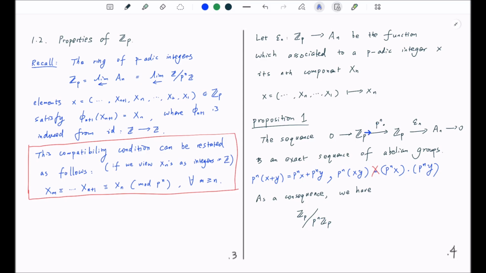The image here is the kernel of epsilon sub n. So this quotient will be isomorphic to the image of epsilon sub n, which is A_n. And A_n is Z mod p^n Z. So this exact sequence will give us the following identification.